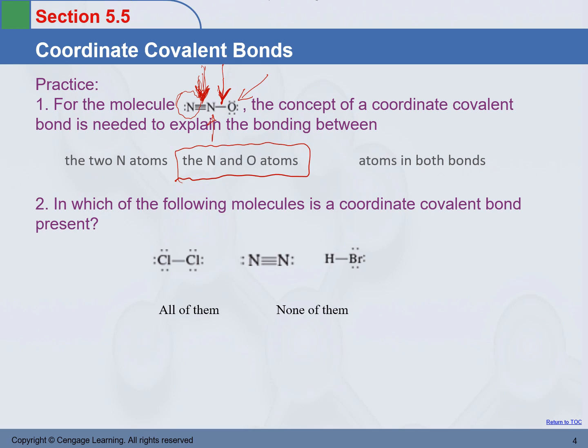If it does, they're regular bonds. If it doesn't, there should be a coordinate covalent bond. Use the same procedure for all three molecules. So there are 1, 2, 3, 4, 5 possible answers. Choose any one of them, or choose all of them, or none of them. Pause the video, come back for the answer key.